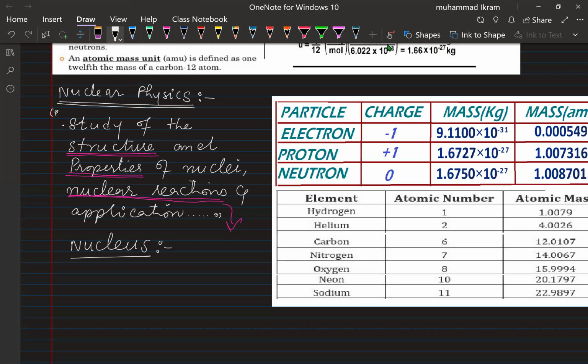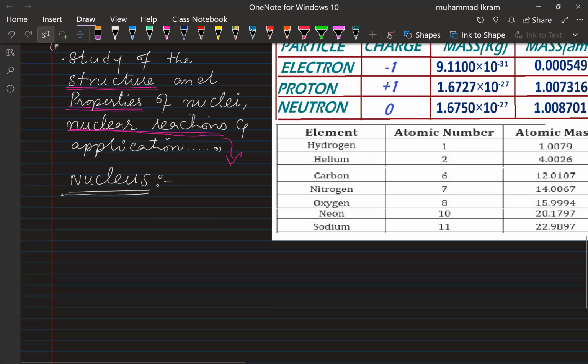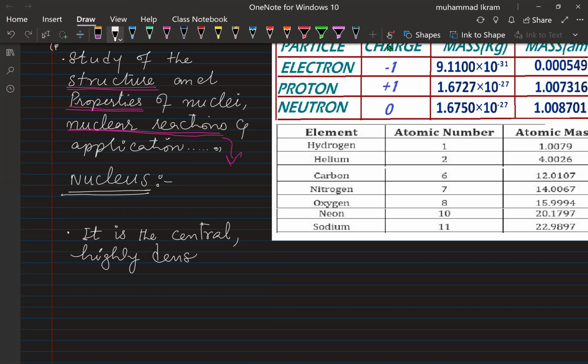So what is the nucleus? Nucleus is in fact the central, highly dense, positive charge part of the matter of the atom, right?